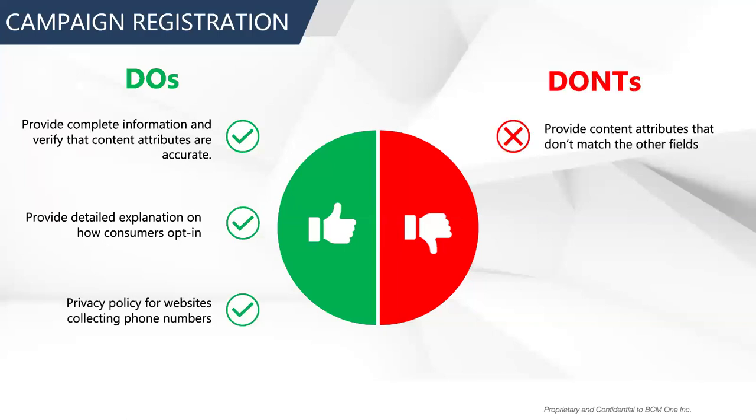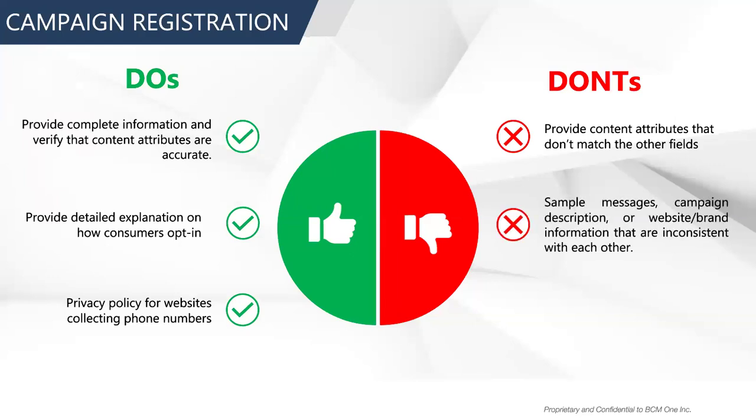Do not provide content attributes that don't match the other fields. Do not provide sample messages, campaign description, or website information that is inconsistent with each other. Do not include a non-working website.